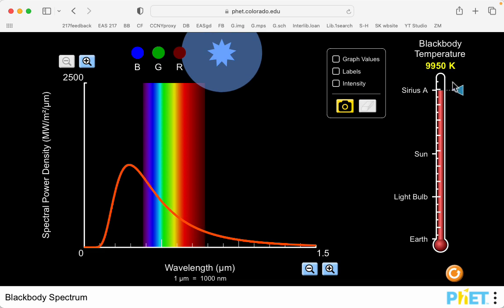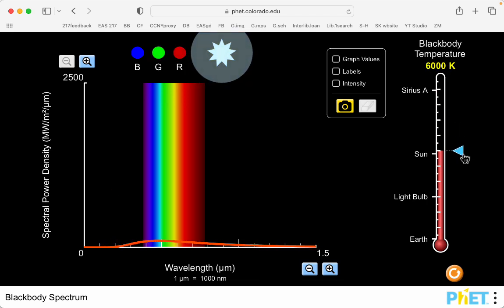So at around 10,000 Kelvin, the temperature of that star, we can see it emits some visible light, but a lot of it is off in the UV realm, right?